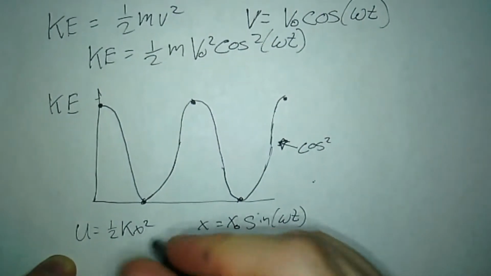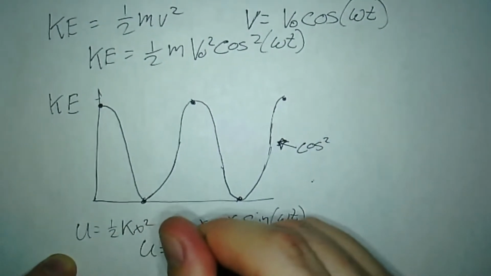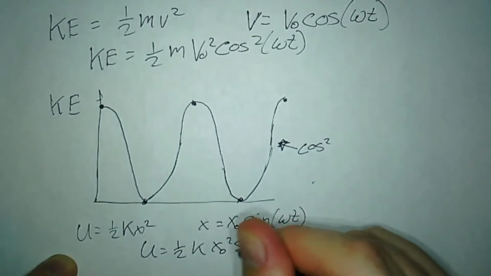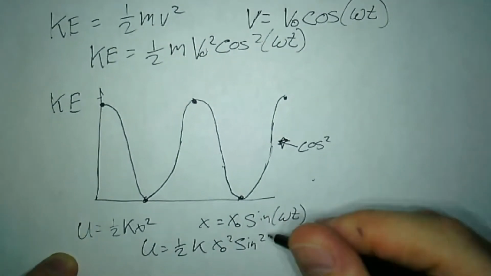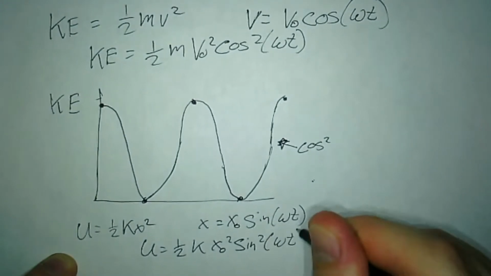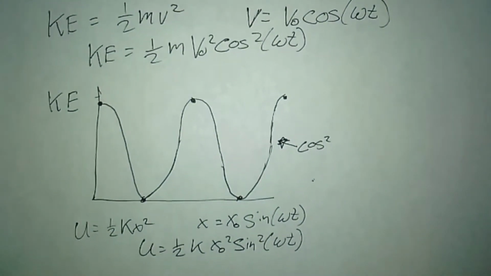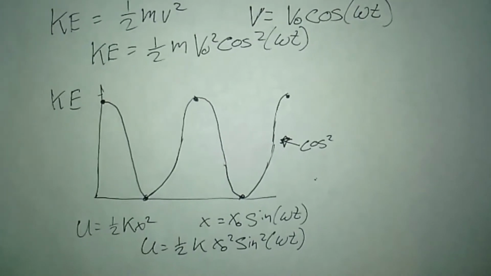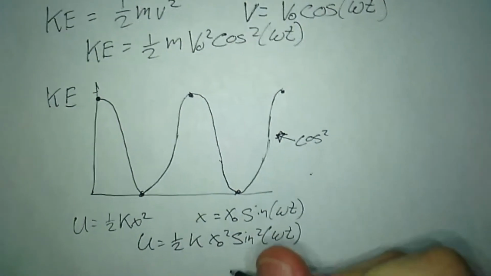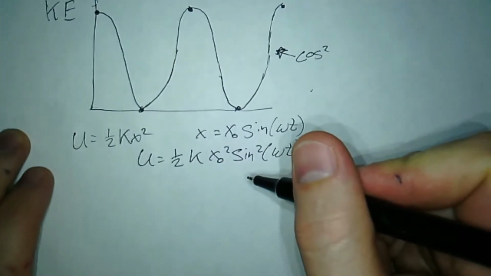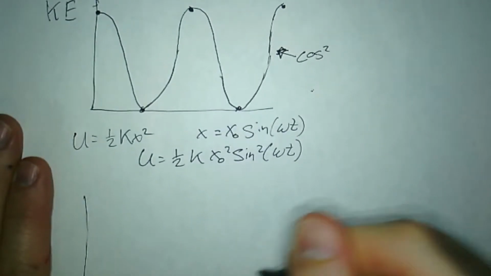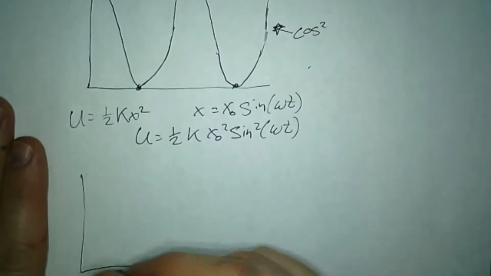And so that tells me that our potential energy should be 1/2 k x naught squared sine squared of omega t. Right? So this graph should look not terribly unlike the other.